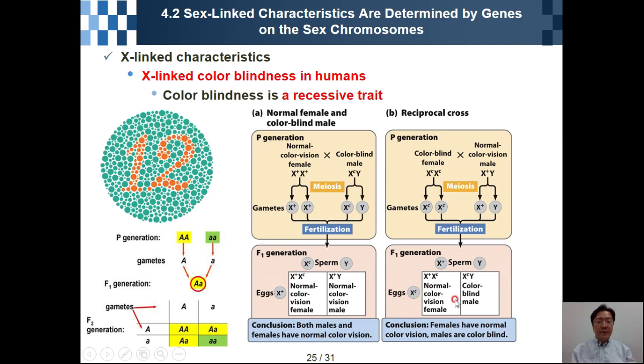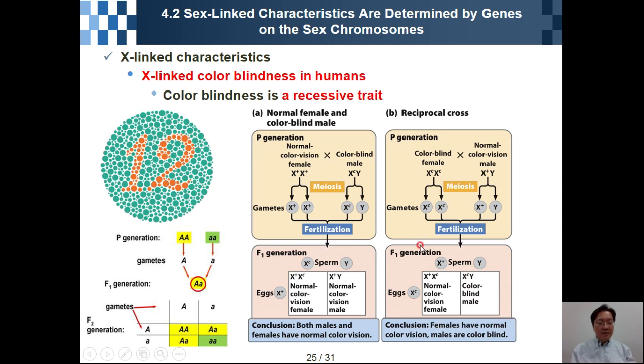But when in the parent generation the female was colorblind, X^C X^C, and the male was normal, X plus Y, the egg will be X^C, and the sperm will be X plus and Y. In this case, X plus X^C means a normal color vision female, but X^C Y means a colorblind male.